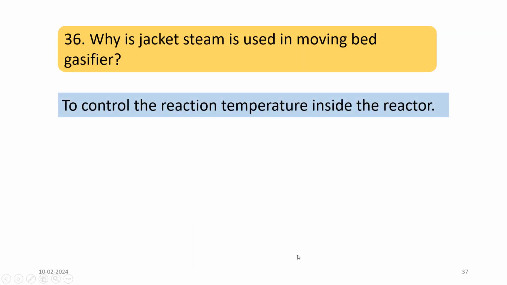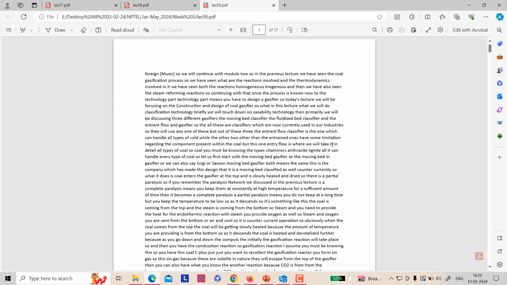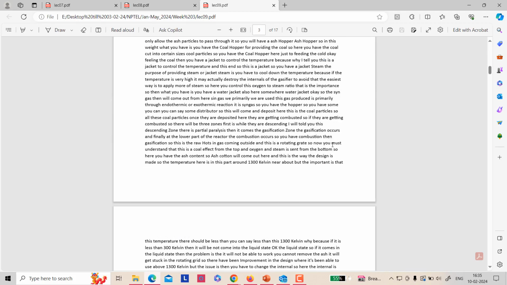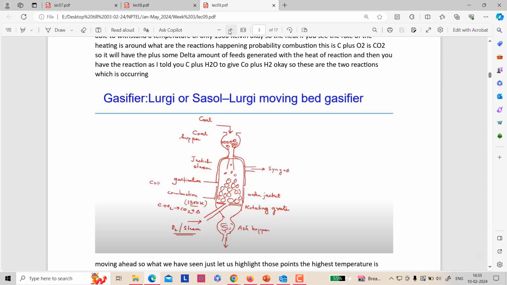So here the answer is to control the reaction temperature inside the reactor. You can see that this is the moving bed gasifier, right?